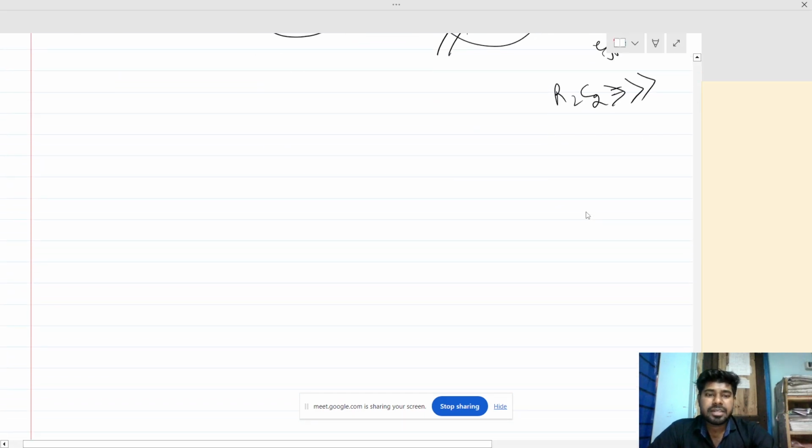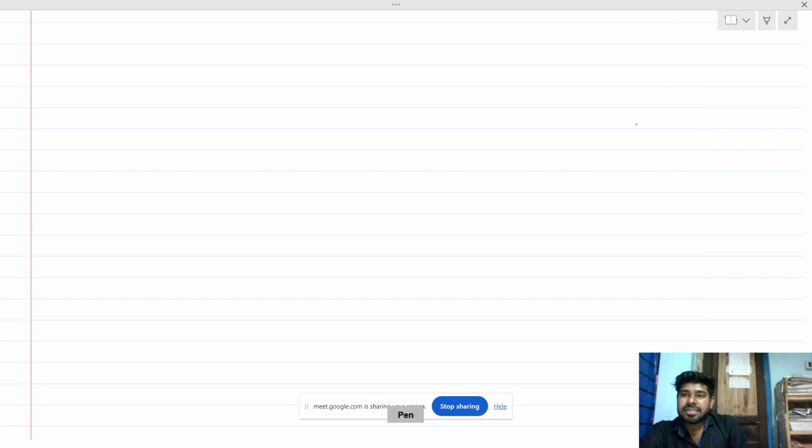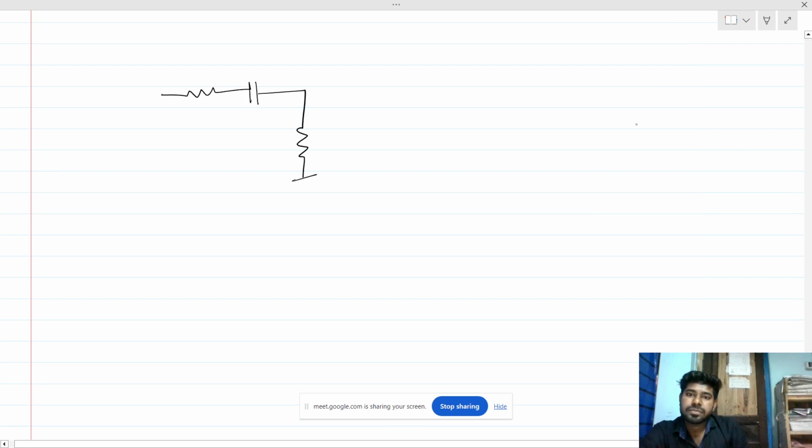So now we have a circuit like that. First of all, we need to find whether this is first order or second order.